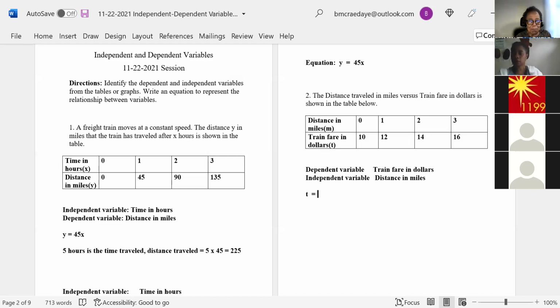X would be the input. Oh, the distance would be 2. What would it be? 2. Maureen? 2 what, Maureen? 2x or 2m. 2 miles, right? But the miles is M, so it'd be 2m.